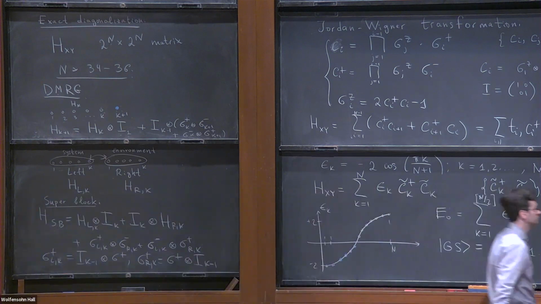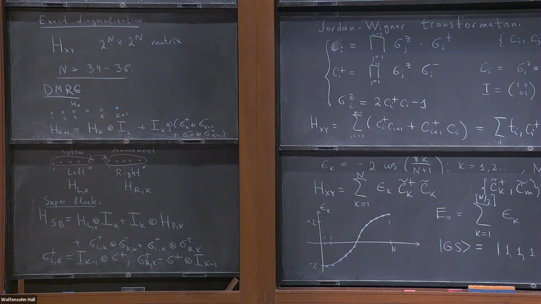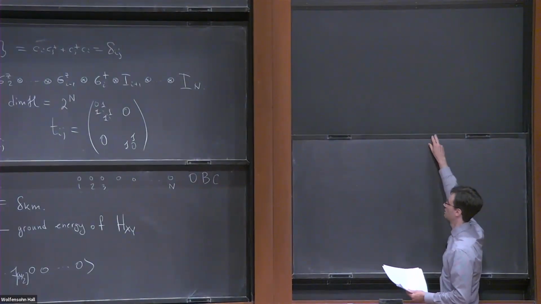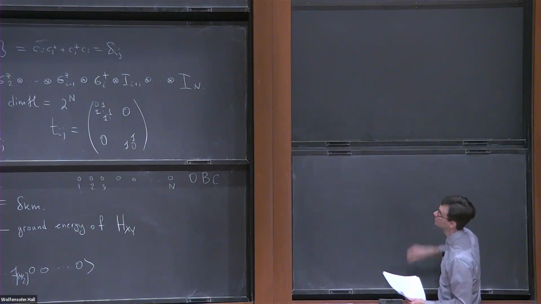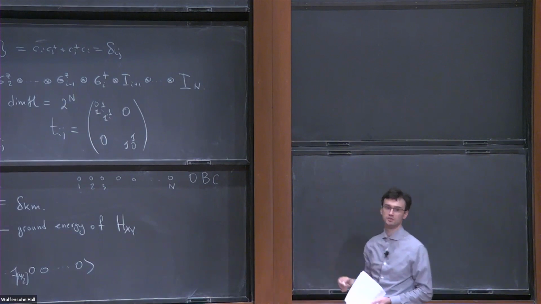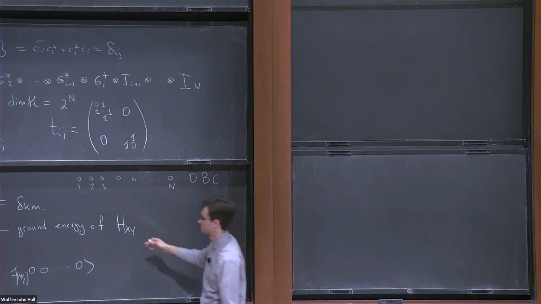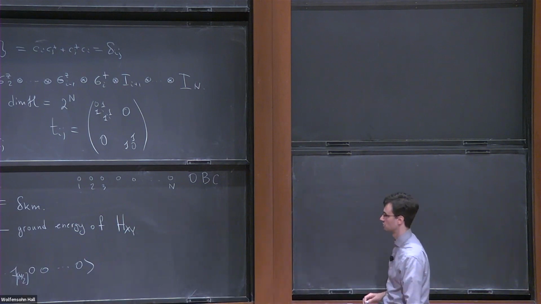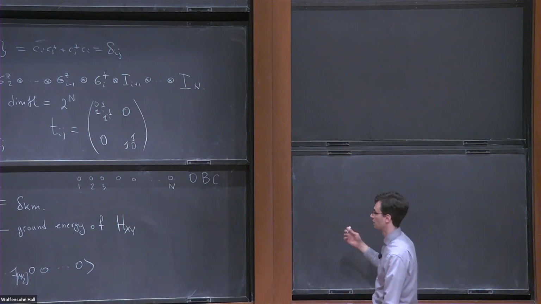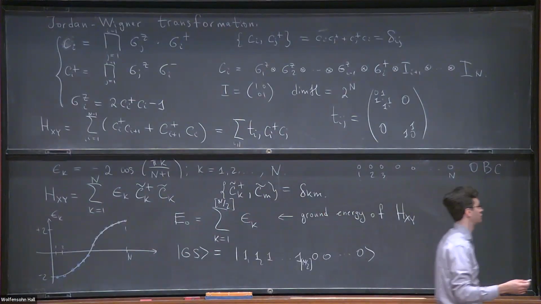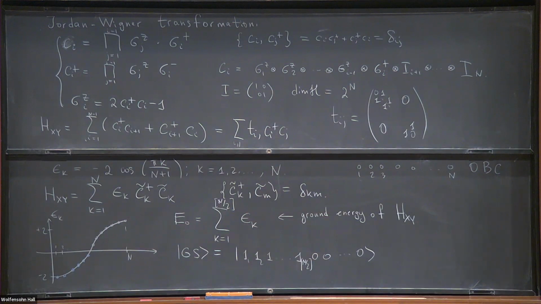But now the most important part starts: we can diagonalize the superblock. Let's say we're interested in the ground energy. So we can diagonalize the superblock, and it gives us the ground energy for the 2k spin chain.